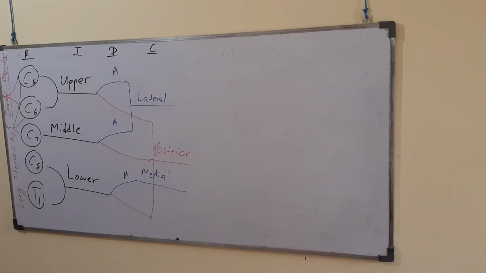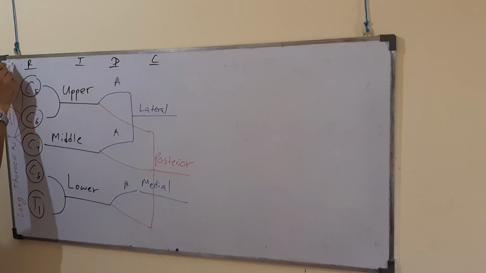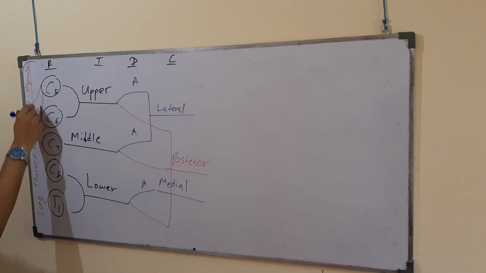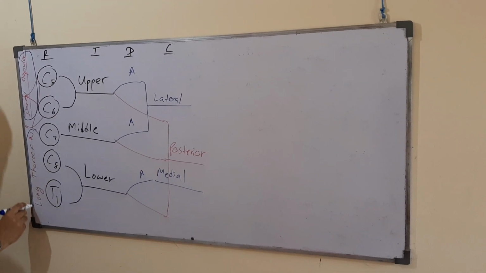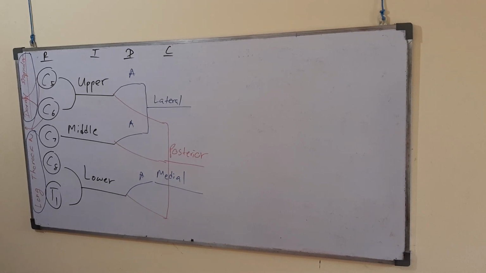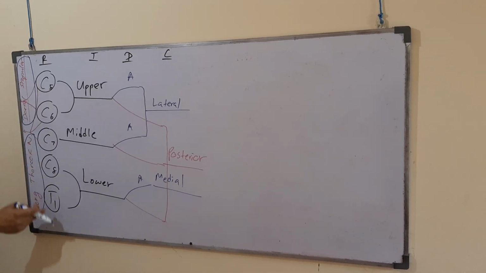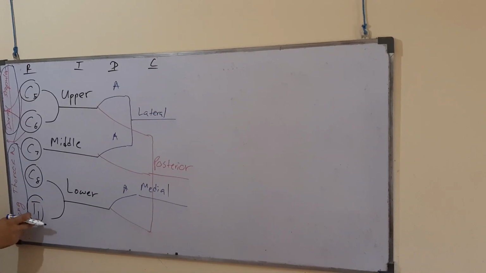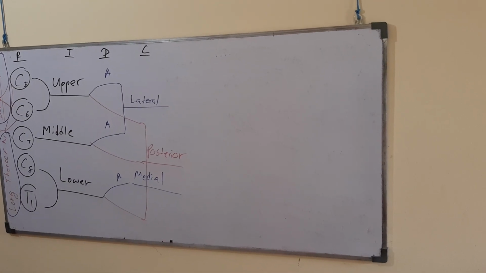So these two nerves are very important because they supply particular muscle groups of the upper limb. You should know the main characteristic of these nerves is that they start directly from the roots of the brachial plexus.